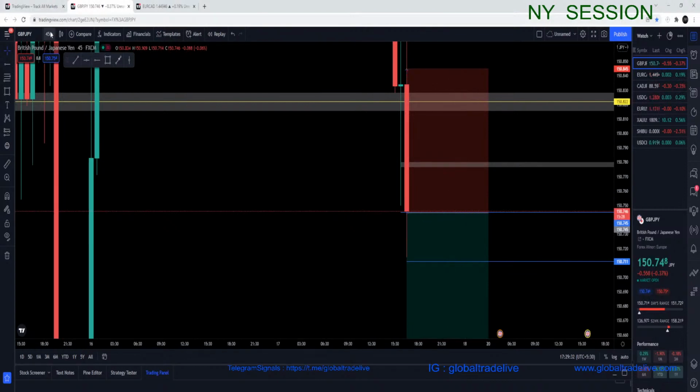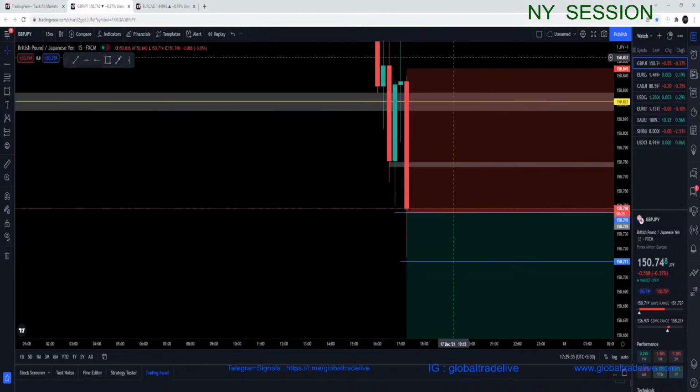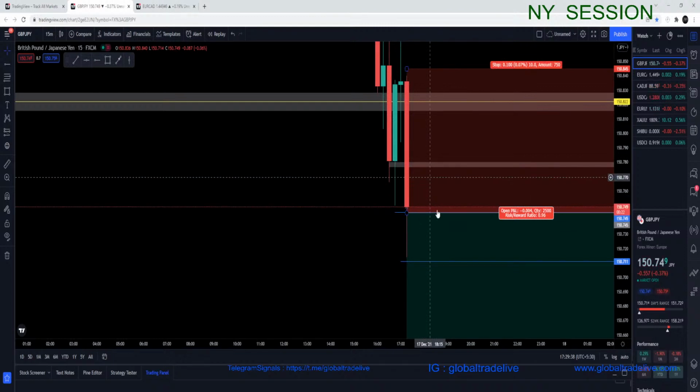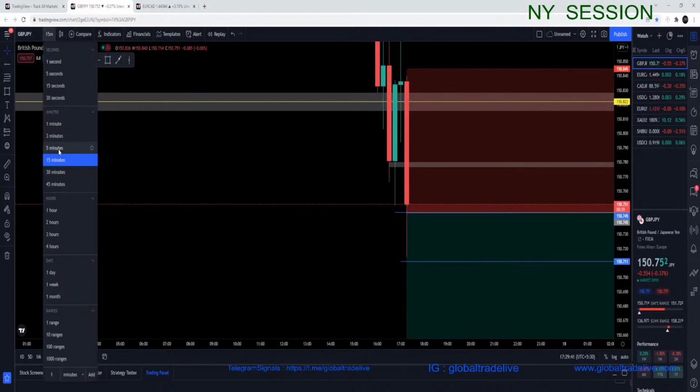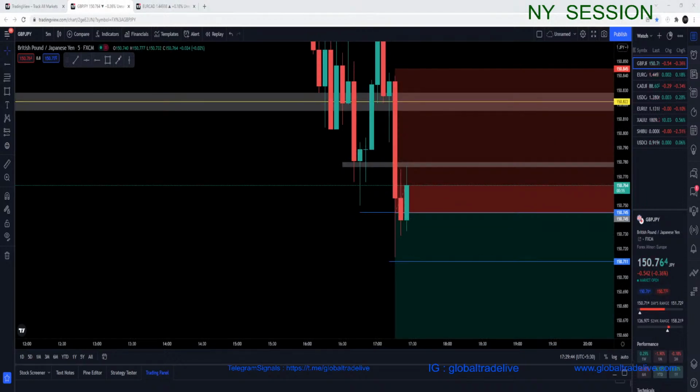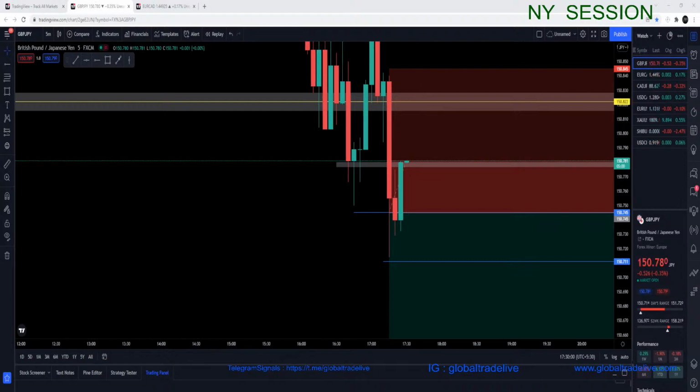Now only 45-minute candle is having some chances. 15-minute. Let's see how this candle will be closing. Last 10 seconds. Closed in the half over here.